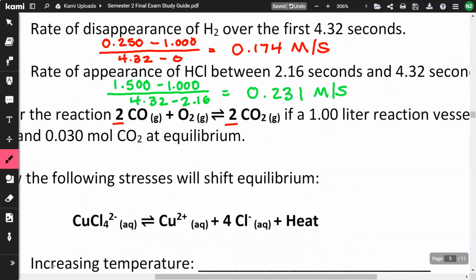So our KEQ equation is going to be products, so that's our carbon dioxide, and because we have that 2, the 2 now becomes an exponent. And then our two reactants. We have carbon monoxide, again we have a 2, so that becomes an exponent. And then oxygen.